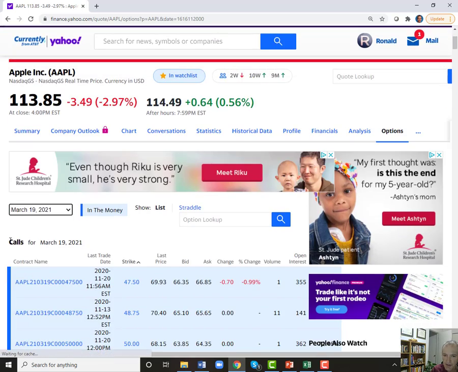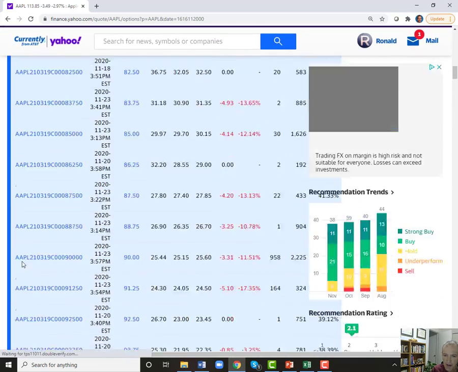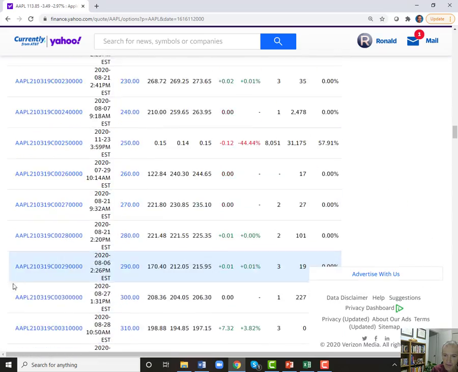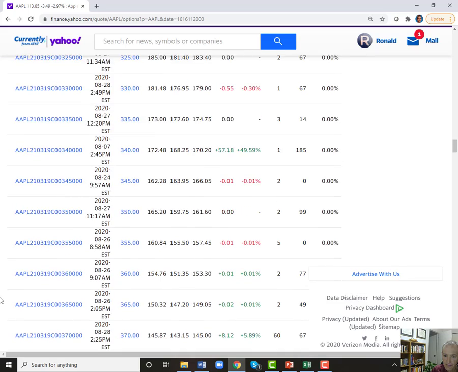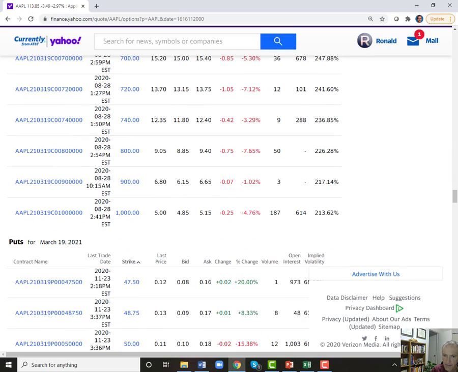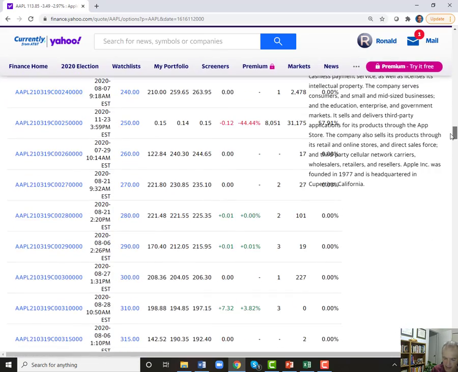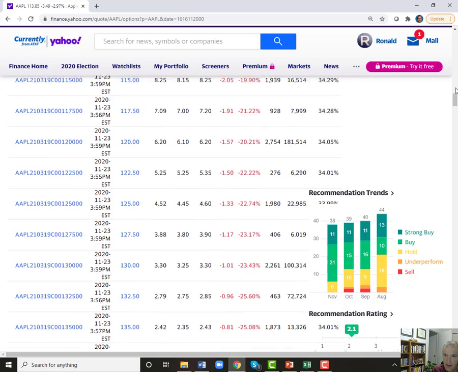We have some call options up here, and down at the bottom we have some put options. So we're going to start with a call option, and let's say we do a call option for Apple.